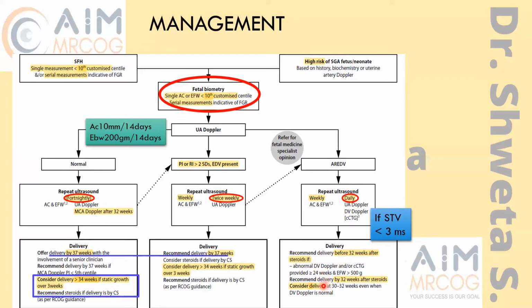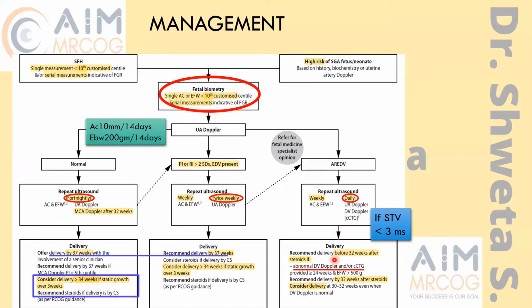Or if abnormal DV Doppler is not there, meaning only umbilical artery Doppler is abnormal but it is maintaining at that level, you will deliver by 32 weeks. So this is how you will time the delivery.